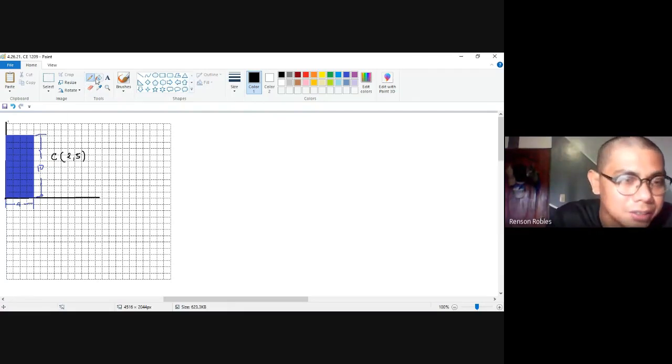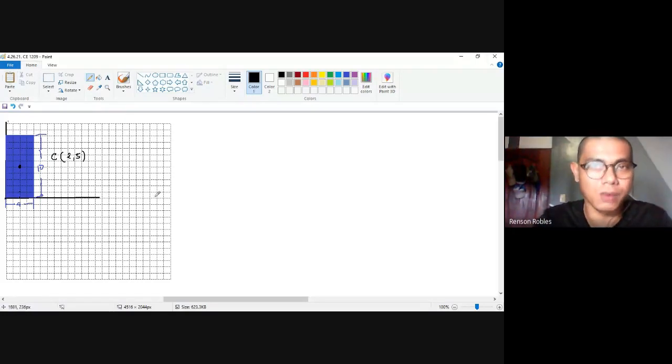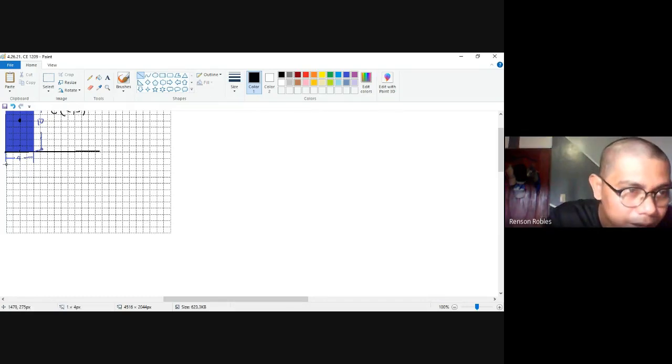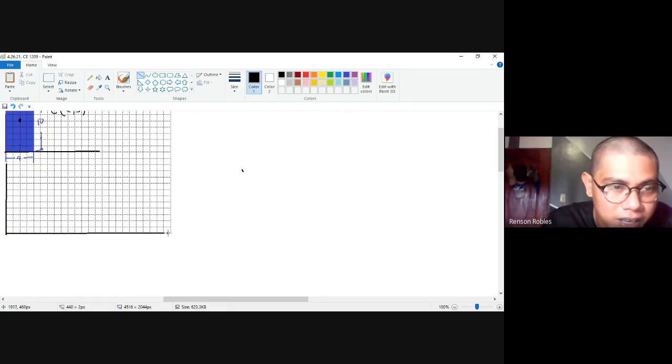Where is that centroid? 2, then 1, 2, 3, 4, 5. Somewhere here. That is the centroid. The next, I'll make another one, this time a composite. Let me draw again the y-axis and the x-axis, a little bigger.